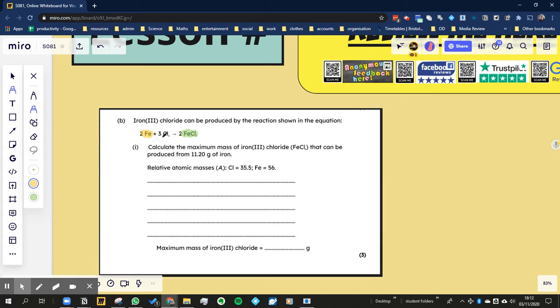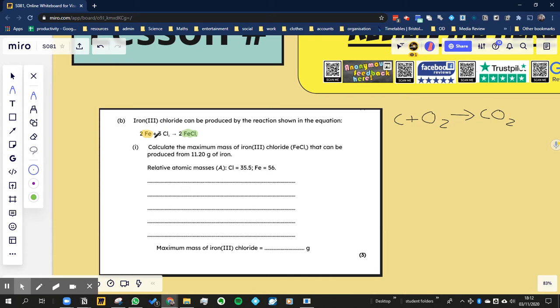That's what that means. So if I think about another example, if I just get a standard equation like C plus O2 goes to CO2, what that equation means is that if I had 1 mole of carbon and I had 1 mole of oxygen, I could produce 1 mole of carbon dioxide.